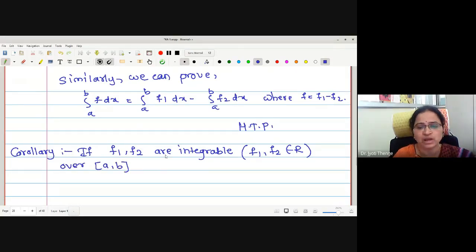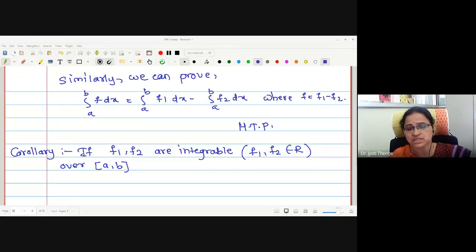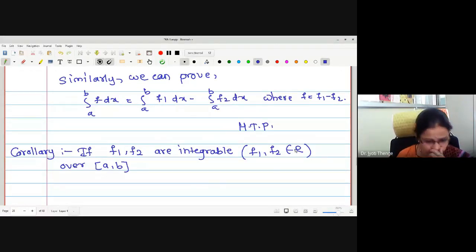Belongs to R doesn't mean that it belongs to real numbers. Capital R is the collection of all Riemann integrable functions. And C1, C2 are two constants.